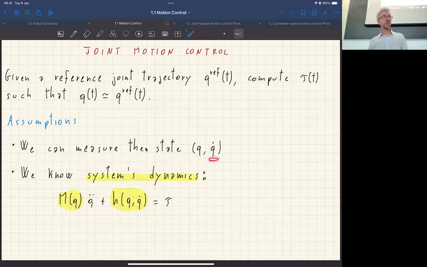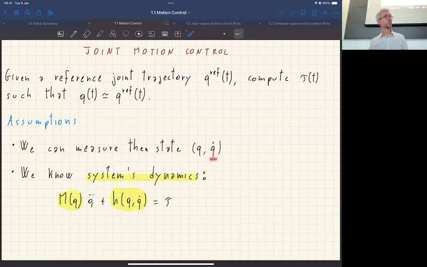Q dot, however, you don't measure. Typically, robots don't have velocity sensors at the joints. Of course, you could equip your robot with velocity sensors, but most robots don't have them.